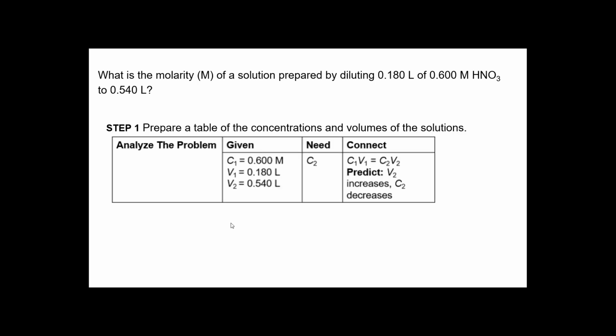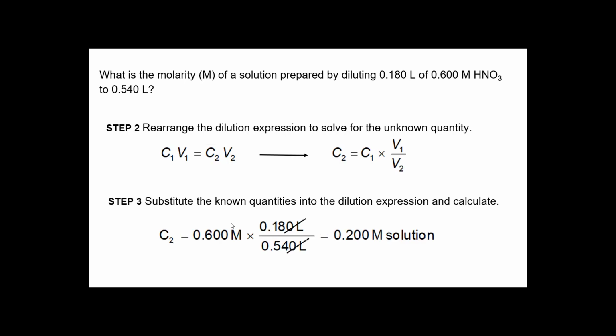Not difficult at all. Set it up correctly and solve for the variable that you need, and you should be fine. We're solving for the new concentration. The new concentration ends up being 0.200 molar from 0.600 molar. So the concentration went down, so the volume must have increased. And that's it. Thank you.